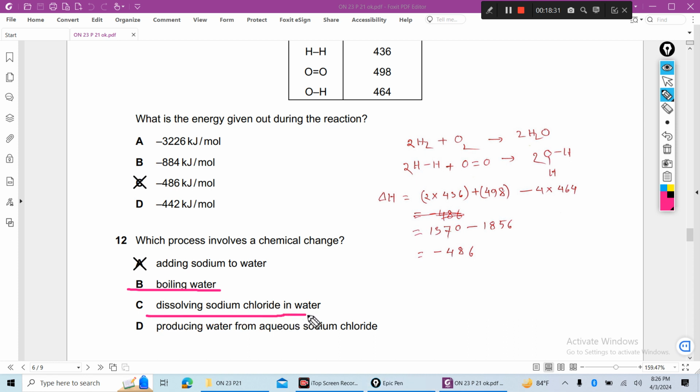Dissolving sodium chloride in water, no reaction here, just dissolving, physical change. Producing water from aqueous sodium chloride, this is distillation, not a chemical reaction, physical change.